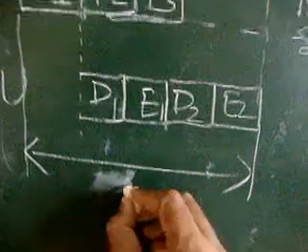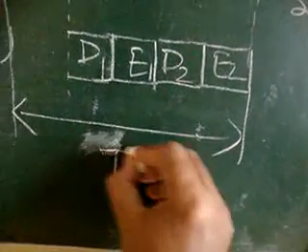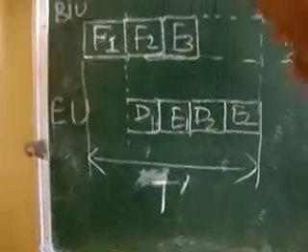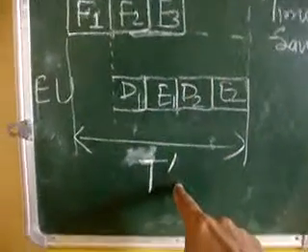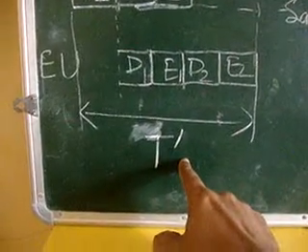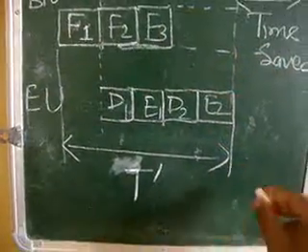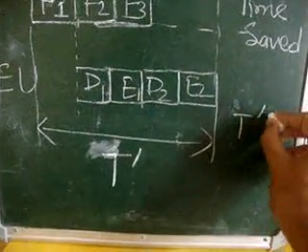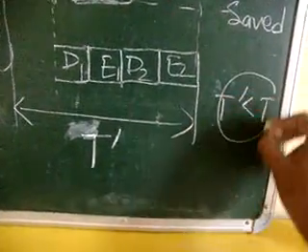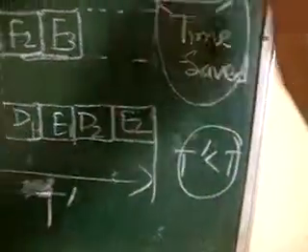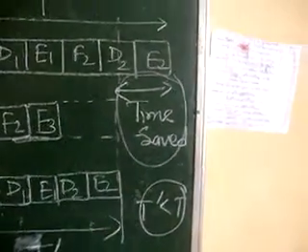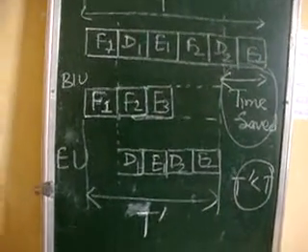Let it be T dash. The time required without pipeline architecture is T, and time required with pipeline architecture is T dash. So from here we can see that T dash is less than T, and the difference in these two time slots is this, which is the time saved with the help of pipeline architecture.